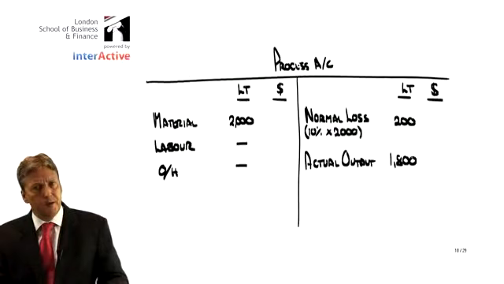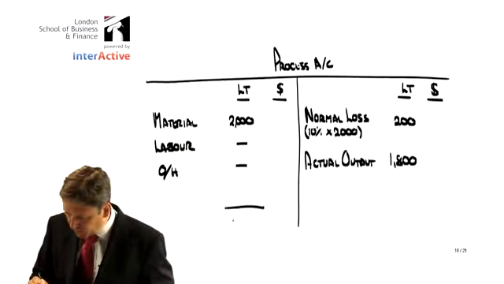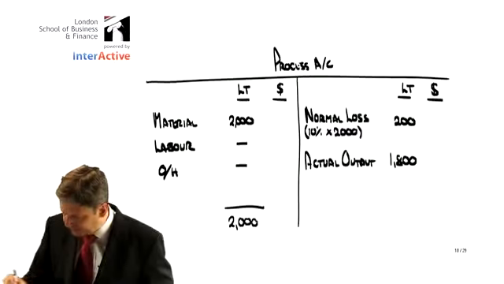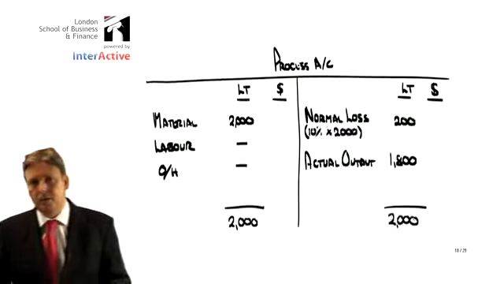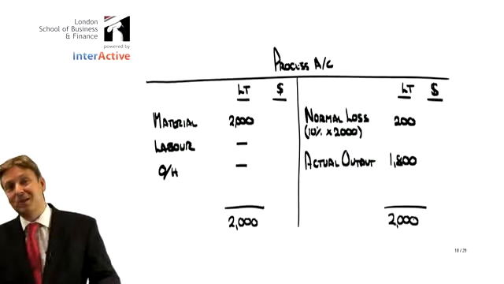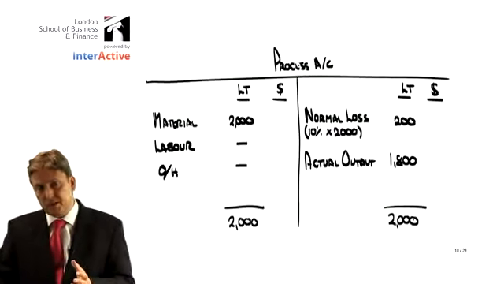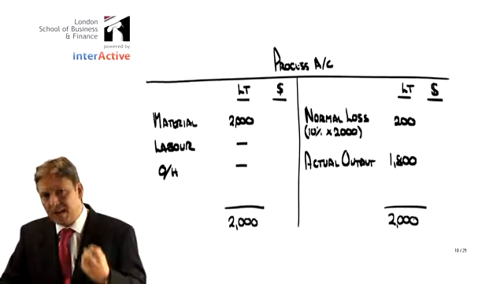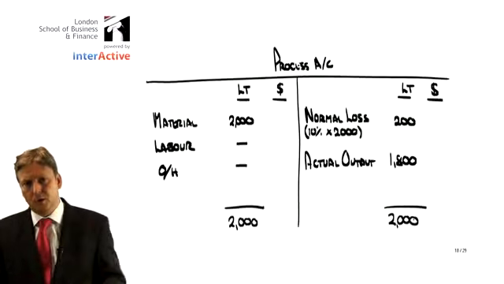So this is very straightforward indeed. When we balance them up, we have 2,000 litres coming in, and we have 2,000 litres going out. Of course, with more complicated questions, we're going to see something slightly different. But if we balance the inputs and outputs in this way, we get a feel for what is happening that allows us to do everything else within the process costing question.